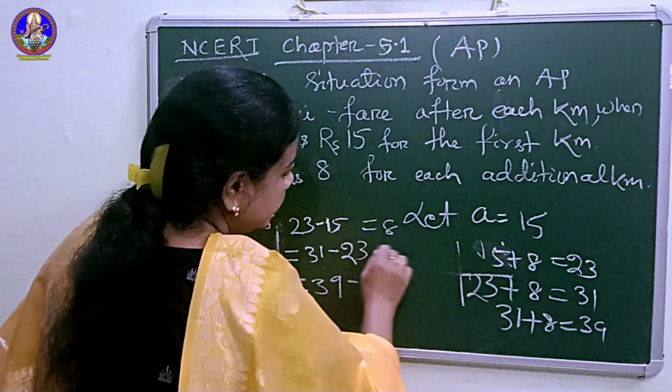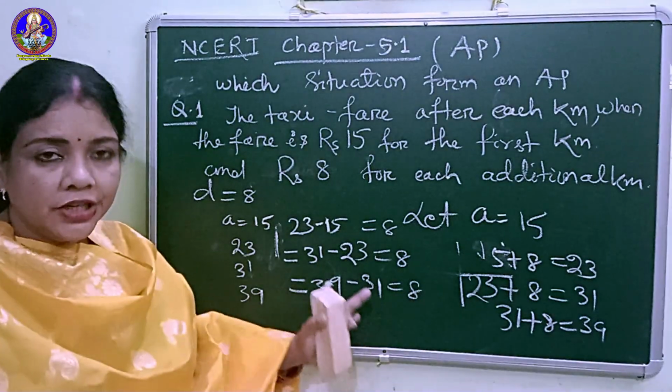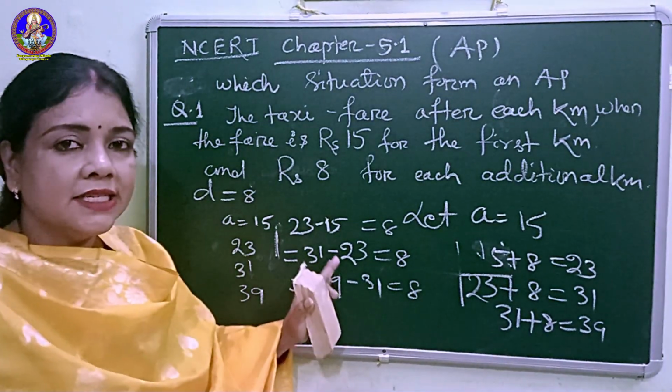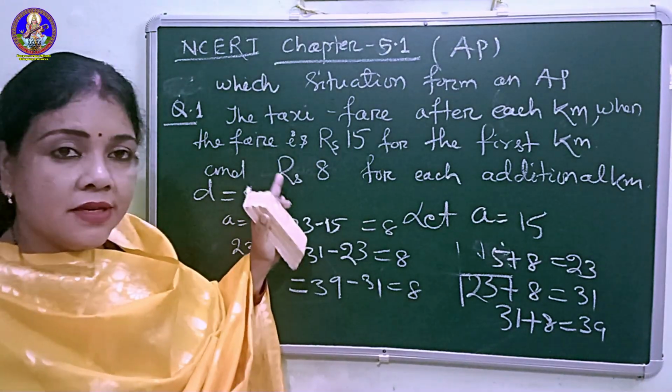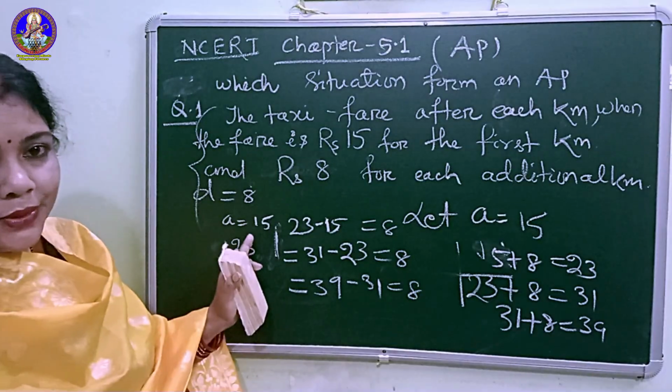In all the cases, you are getting a constant difference, which means the common difference is 8. So obviously, the situation is satisfying the arithmetic progression rule. The whole problem is coming under arithmetic progression.